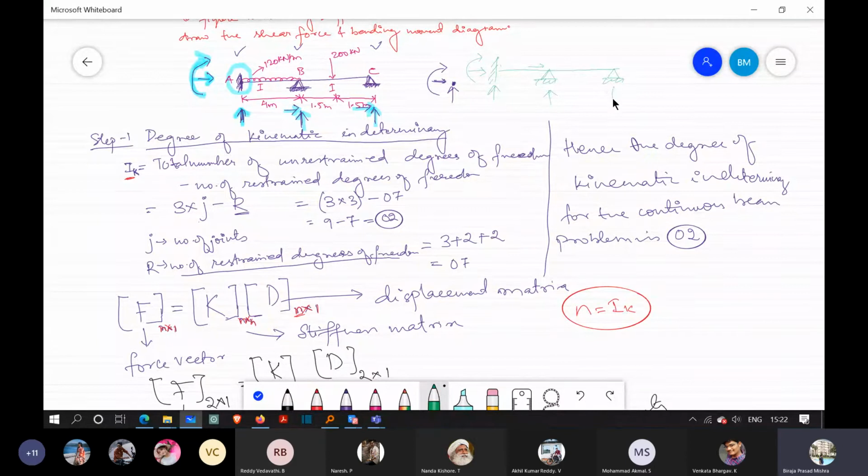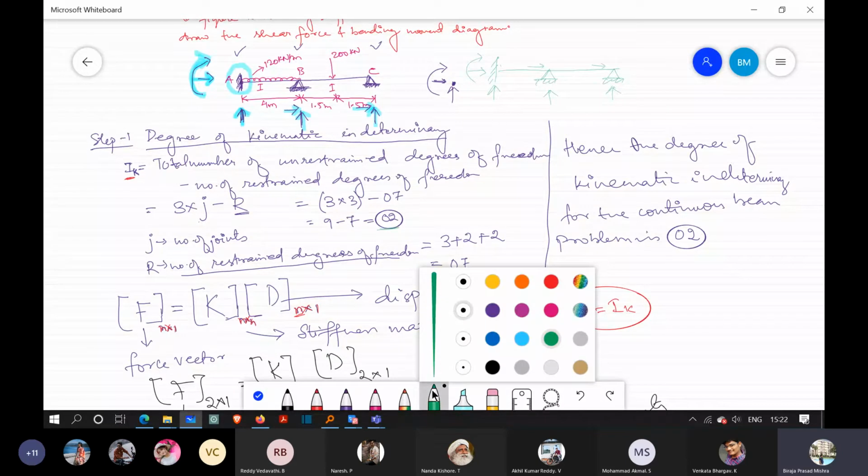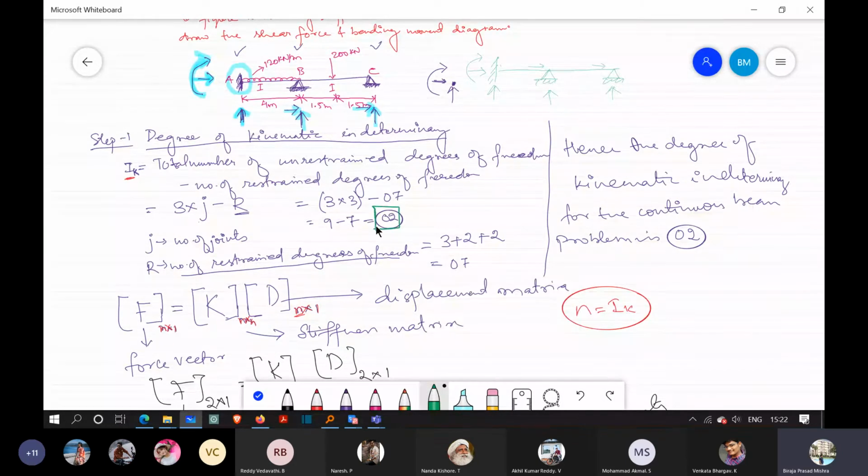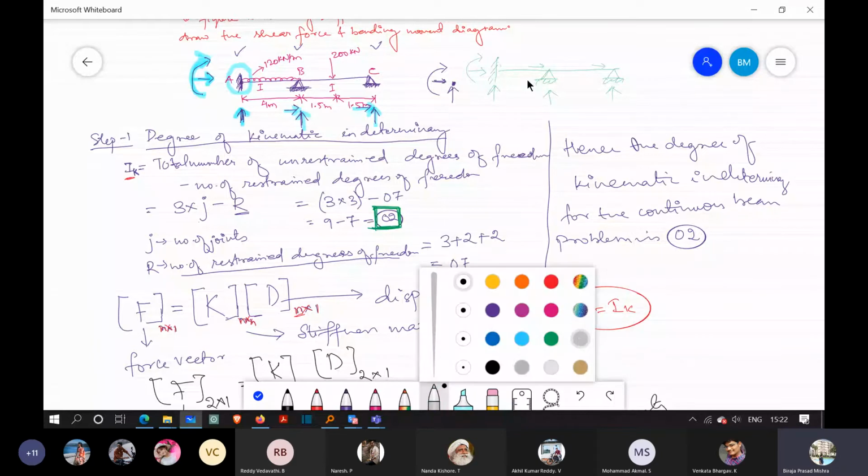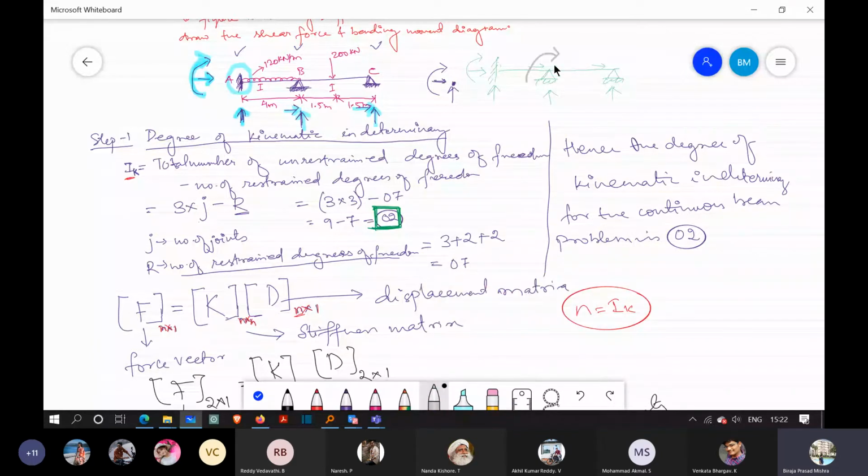This value 2 which we found is the degree of kinematic indeterminacy, or the degrees of freedom. Here at this joint we will have one rotation, and at this joint we will have one rotation. So these are the two coordinates.